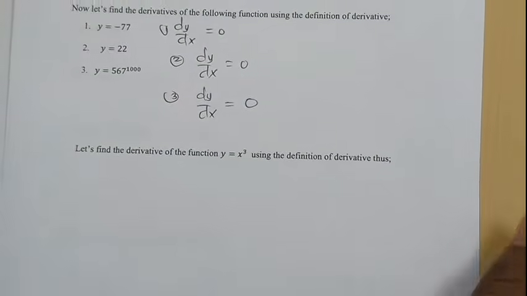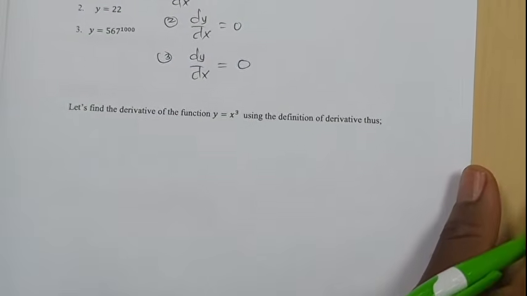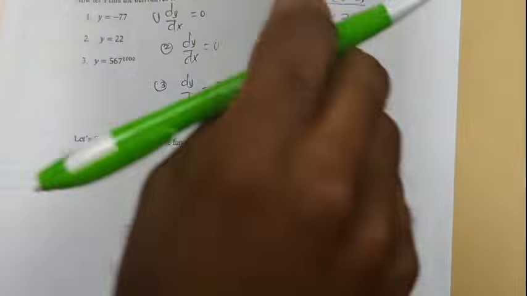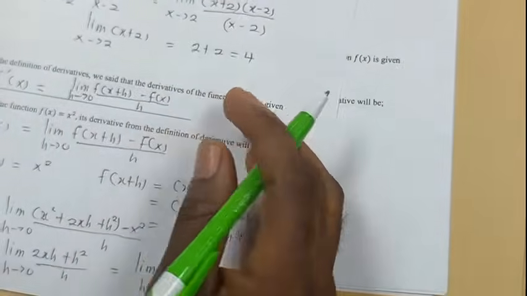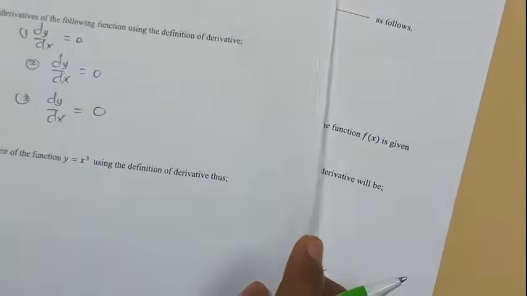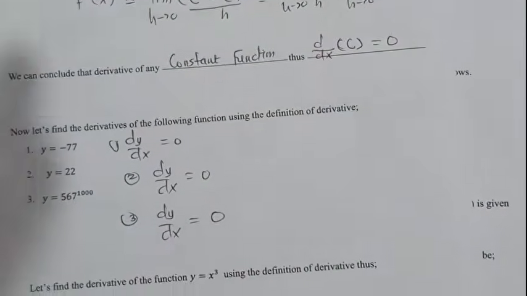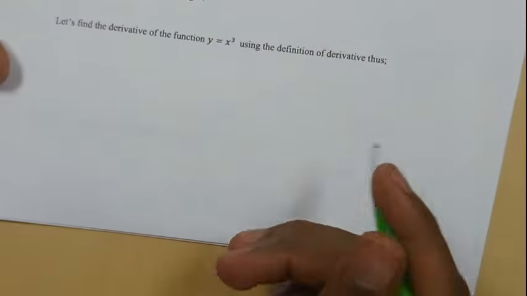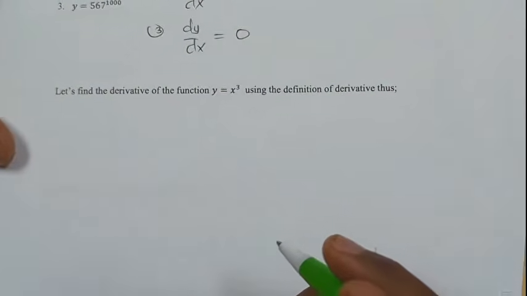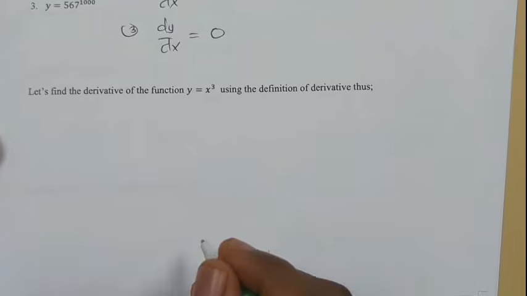Okay, so from the definition of derivative, you see that when we found the derivative of a function f of x equals x squared, we had 2x. So keep that in your mind. Now let's continue to find the derivative of the function y equal to x cubed using the definition of derivative.